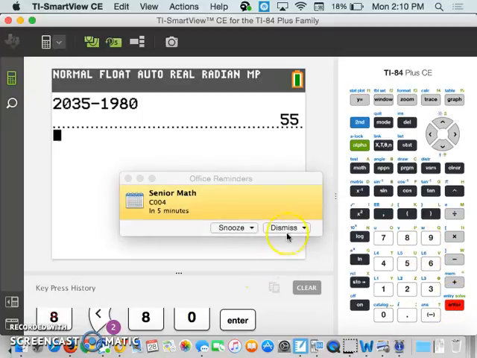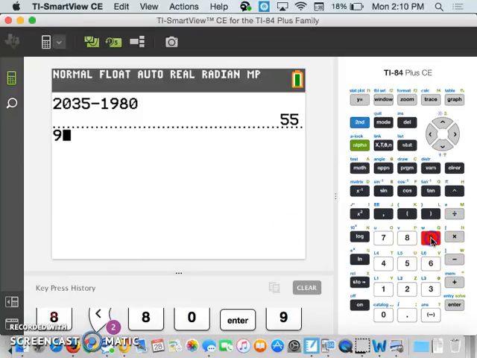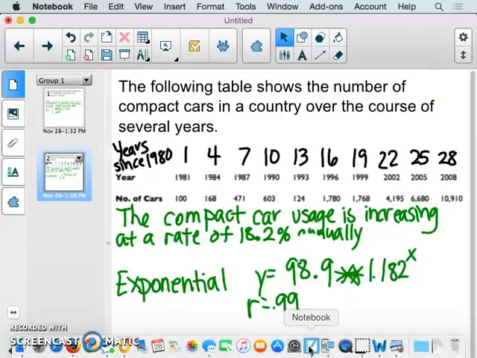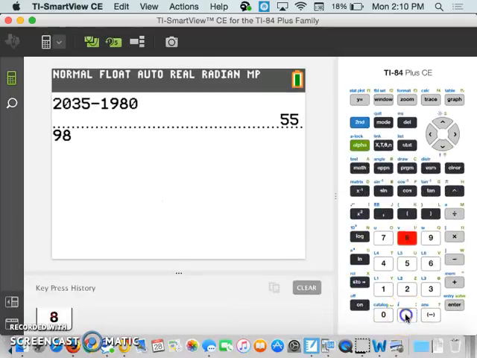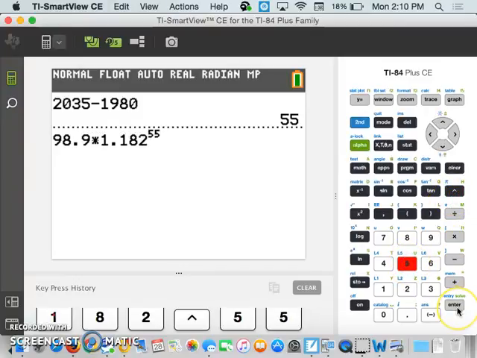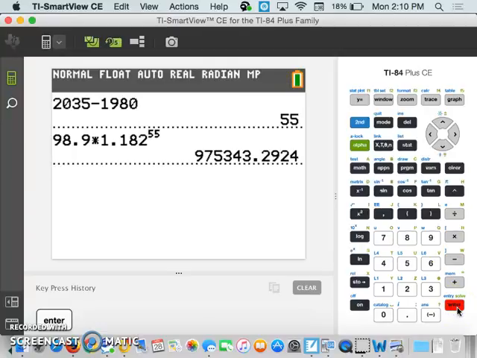So I would have 98.9 times 1.182 raised to the 55, because I'm 55 years after 1980, and that gets me about 975,343 cars in the year 2035. So I'll just go ahead and write that sentence right here.